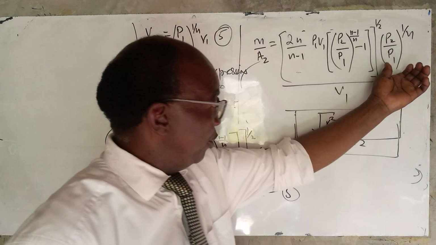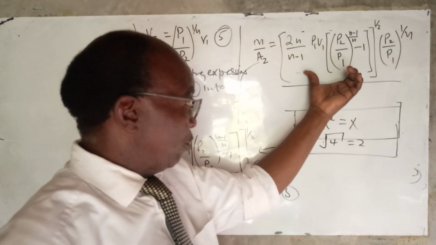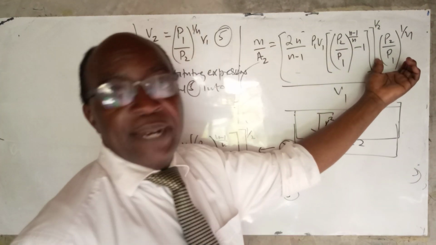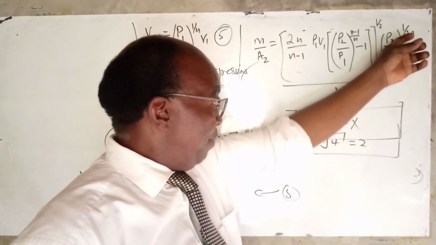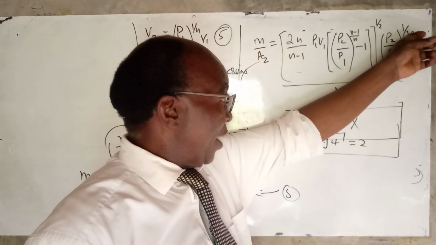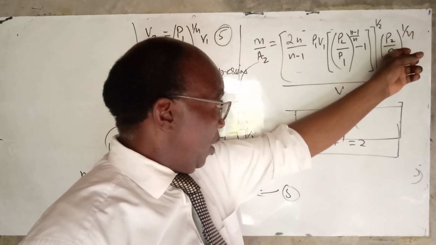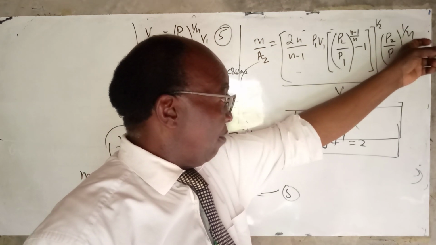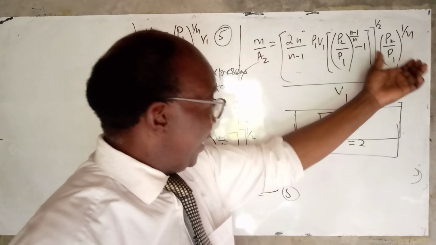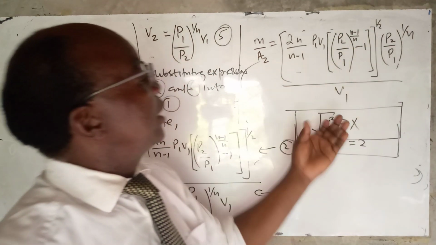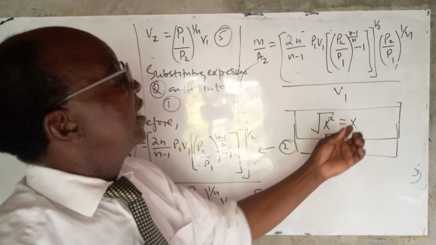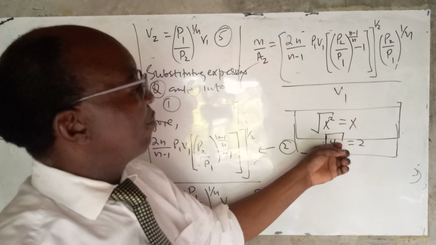I can bring it into the square root bracket by squaring it. P2 over P1 raised to the power 1 over n times P2 over P1 raised to the power 1 over n, when I take the square root, is basically P2 over P1 to the power 1 over n, which is what we are saying. If you have x squared, the square root of that is x. Square root of 4 is 2.